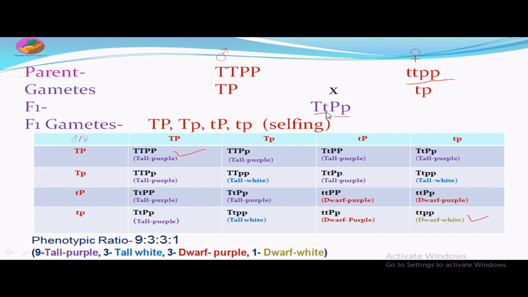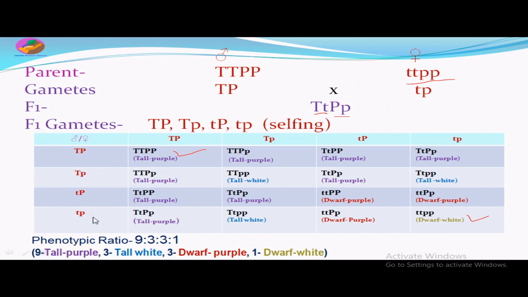Same thing, small t will cross with capital P, it will give small t, capital P, and this small t will again cross with small p, it will give small t, small p. So in this way all these are the F1 gametes.